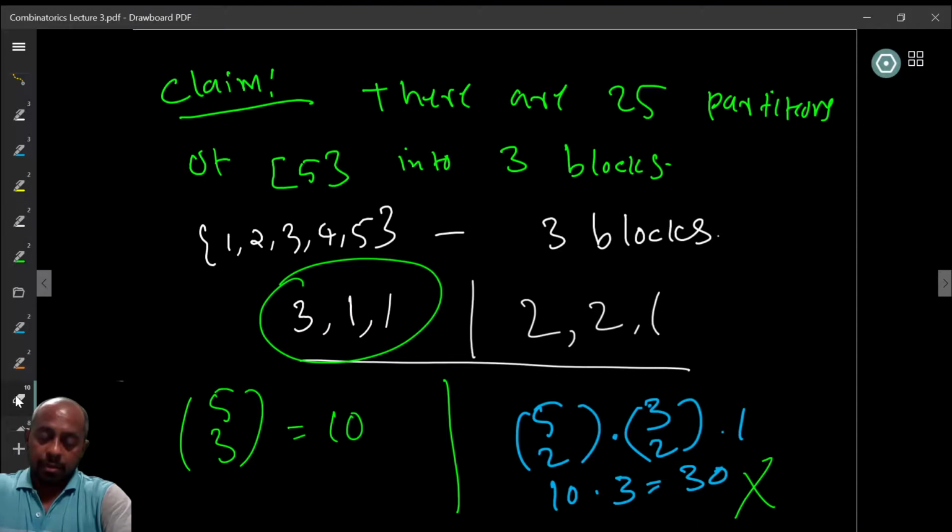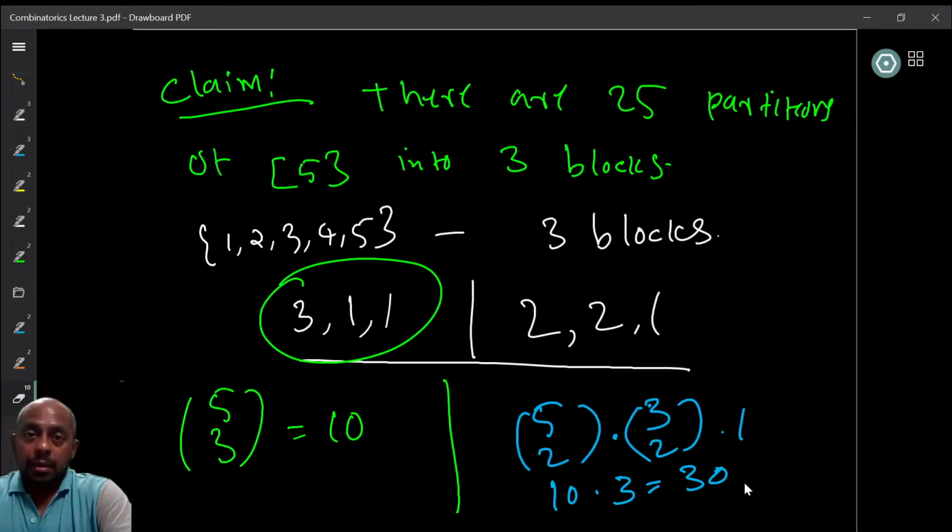The reason there is overcounting is that when you selected the first 2 element subset in 5 choose 2, or 10 possible ways, and then you selected a 2 element subset from the remaining 3 elements, the 2 element subset that you selected in the first step and the one selected in the second could also appear with the roles swapped: those 2 elements selected in the second choice and the other 2 elements selected in the first choice.